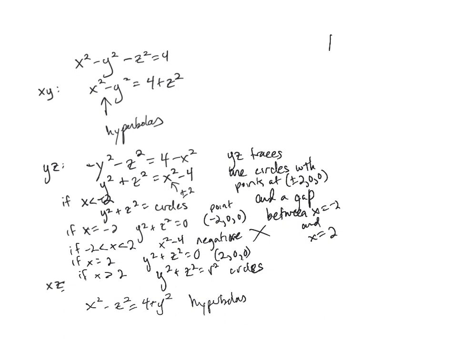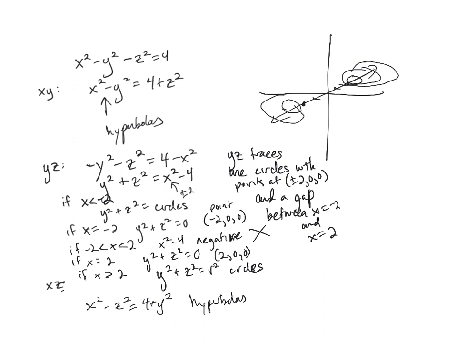All right, so let's try to envision what this would look like. I said we have a point when x is 2 and when x is negative 2, and then as x grows, we get increasing circles going in this direction and increasing circles going in this direction.